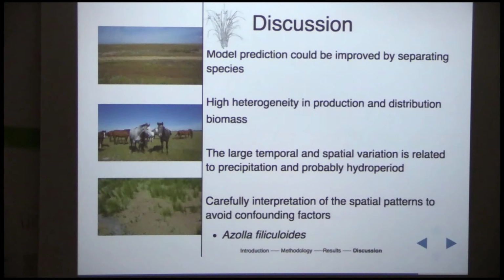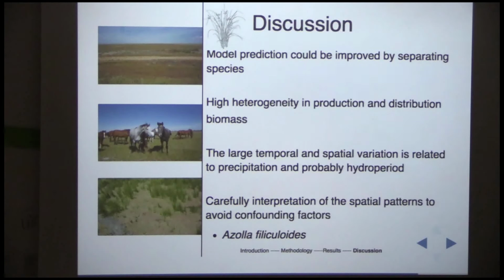But at the end, anyway, there is a high heterogeneity in production distribution, spatially and temporally. We think that part of this heterogeneity could be explained by the precipitation, and probably with the hydroperiod, we could be able to understand more of this heterogeneity.